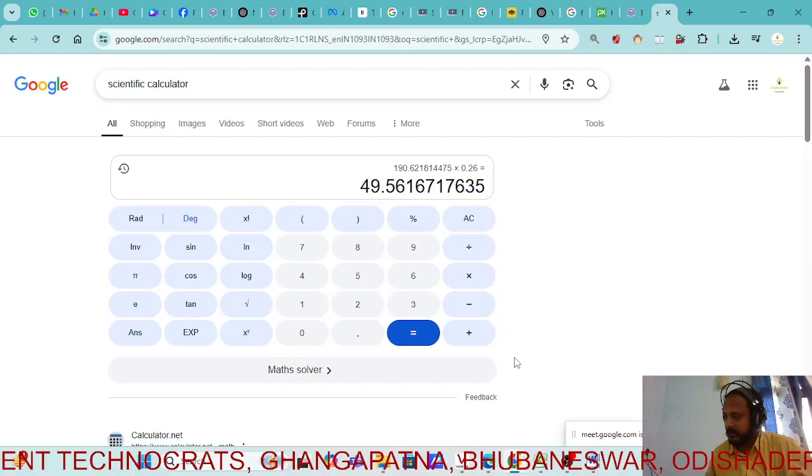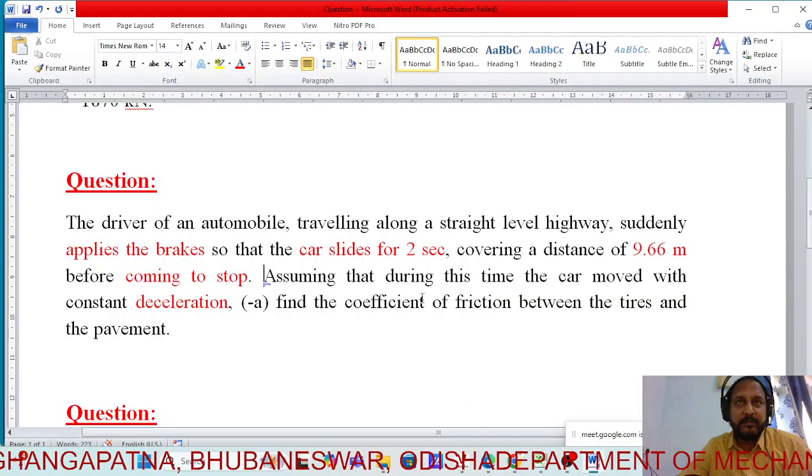So, you assume that during this time the car is moving with constant deceleration. What you have to find out here is the coefficient of friction between the tire and the pavement. Pavement means the road, the straight level road on which the car is traveling. By reading the question, you have to draw the diagram.